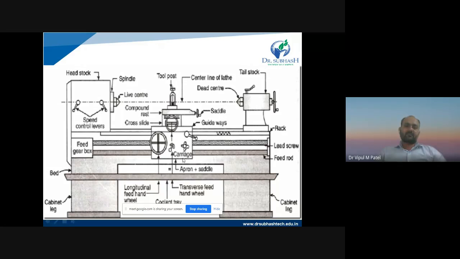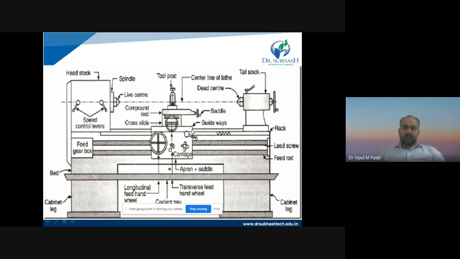This is a carriage assembly. Carriage is an important component of the lathe machine. What is carriage? That we will discuss in the next slide. First of all, try to understand at which place exactly we can see it on the lathe machine, right?